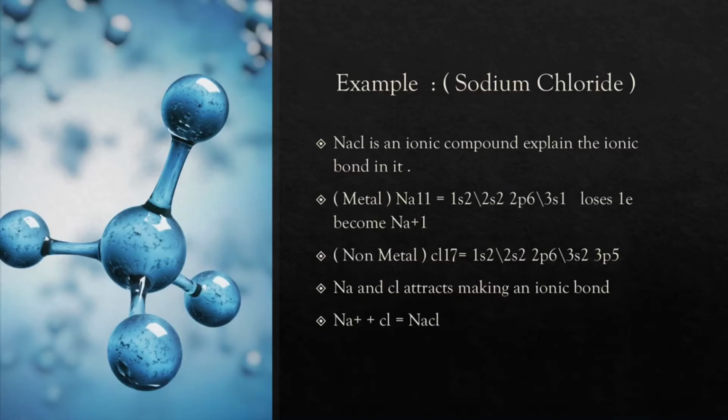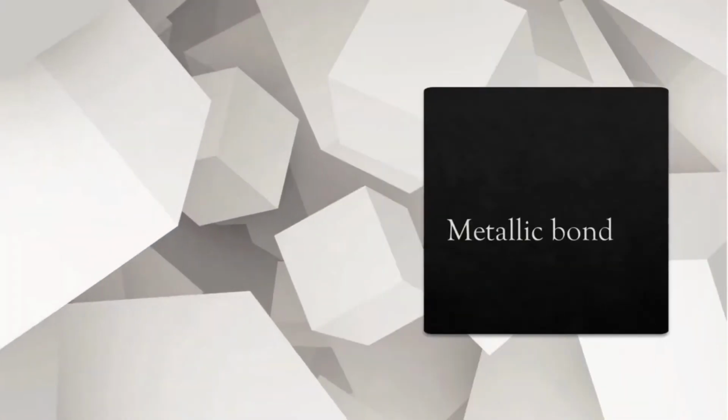When we add them, we have 7. So when we add the one electron that Na lost, it will have 8 valence level, and they will make a bond, and this bond will be very stable.